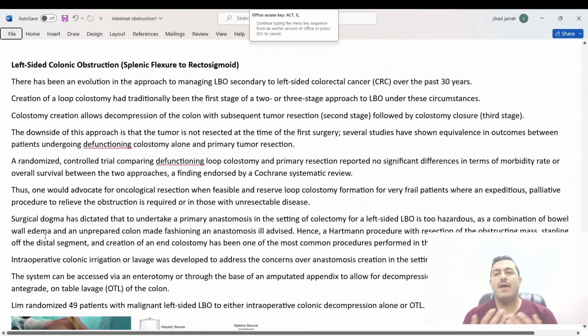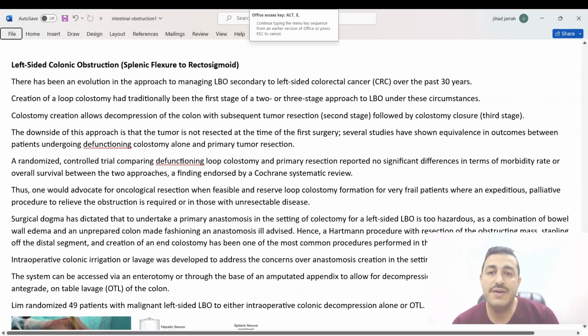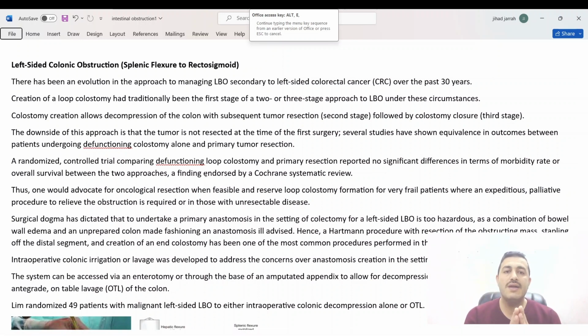Actually, in the past 30 years, the left-sided colonic tumor was performed in three stages. First stage, we just bring stoma. Second stage, we resect the tumor, and third stage, we do anastomosis.